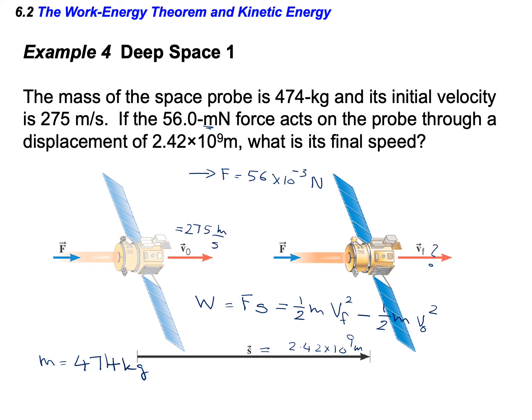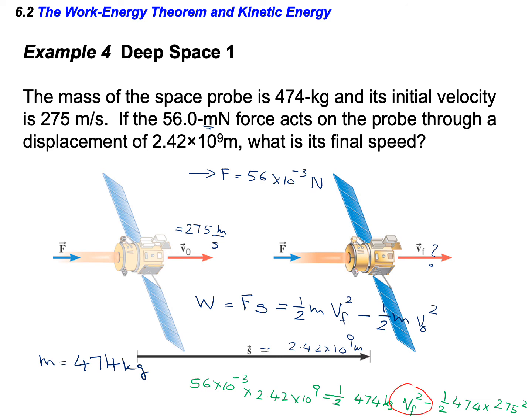So force is 56 times 10 to the negative 3, and displacement is 2.42 times 10 to the 9, which is equal to half times mass, 474 kilograms, times VF square minus half 474 times 275 square. So when I substitute, you have only one unknown.